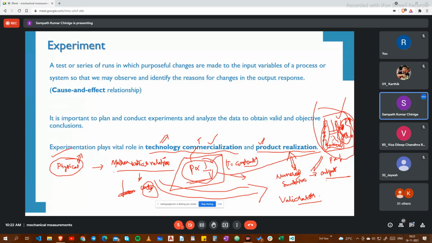So for all of this, we need to have experiments. It's not a vague kind of thing. They have to be very, very precise while doing these experiments. You have to take various things into consideration, and in general, for every experiment, what are the steps or procedures that you follow? That is what we are going to see today.